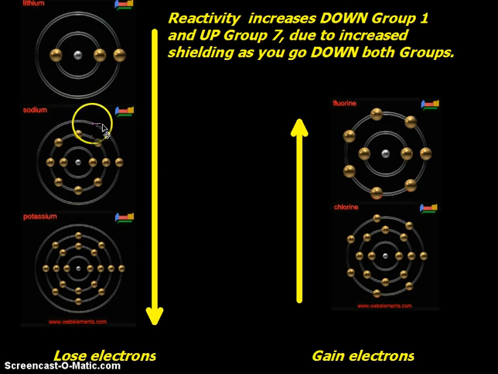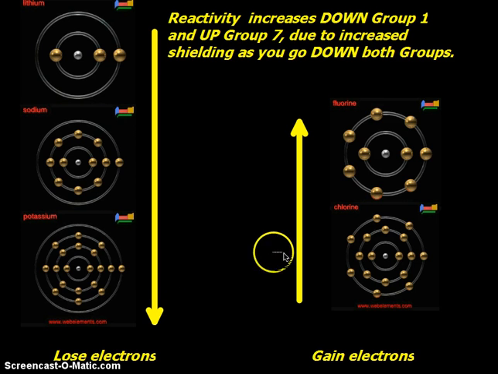As we get larger atoms, as the pull from the nucleus decreases as you go down a column, these are going to become much more reactive because the weaker the pull on this outside electron, the easier it is to give up an electron. So on the metal side, metals become more reactive as you go down the periodic table generally.